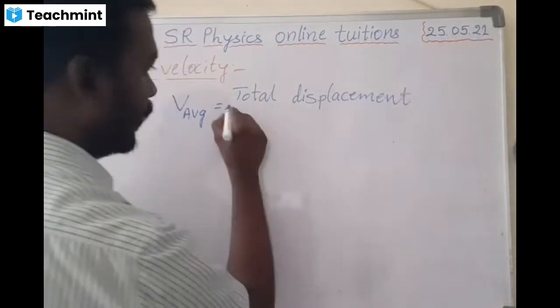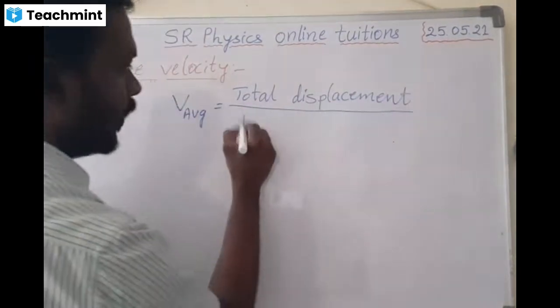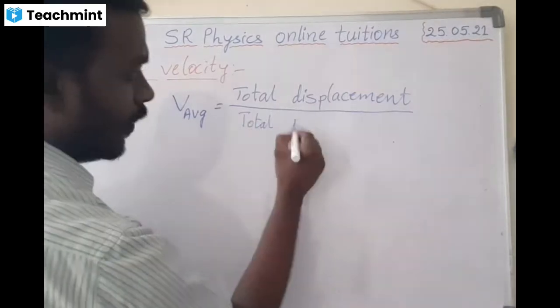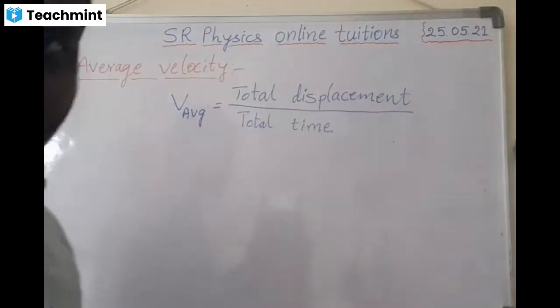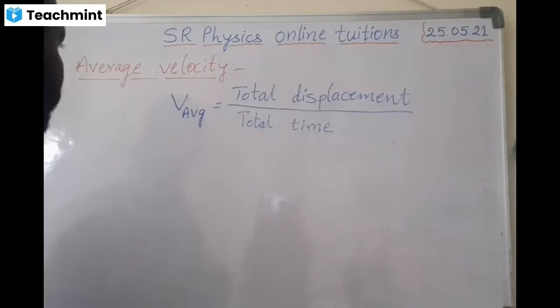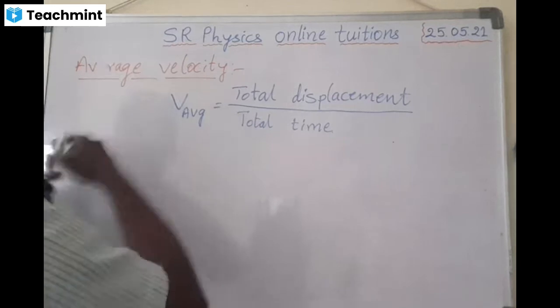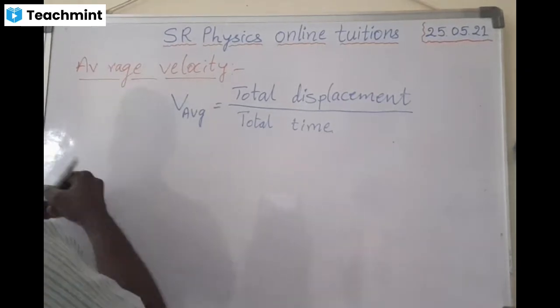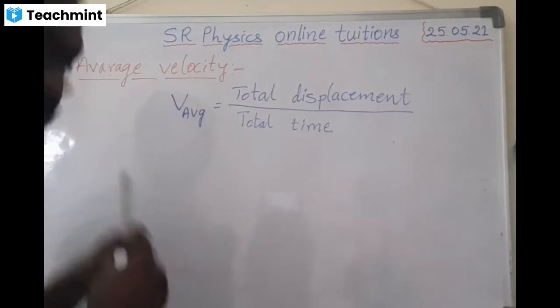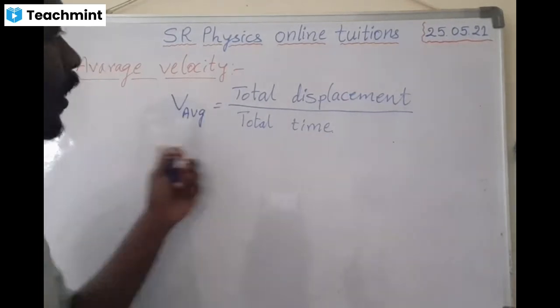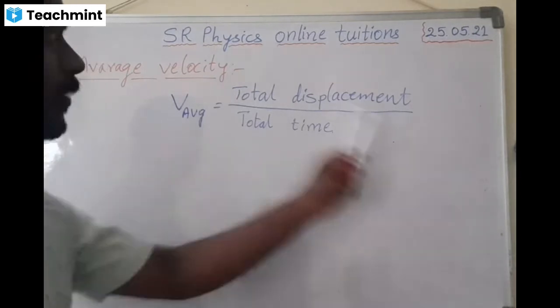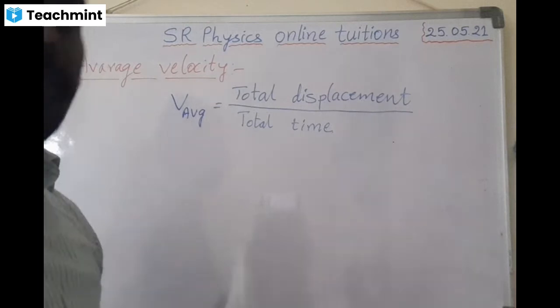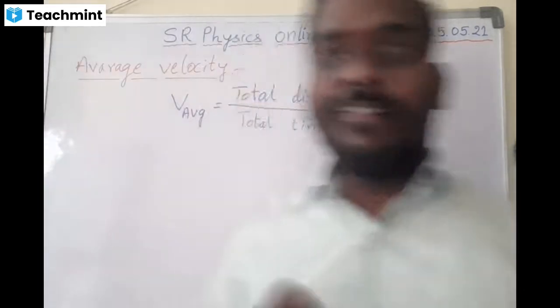Total displacement by total time will be taken. Total displacement by total time is the formula for the average velocity.